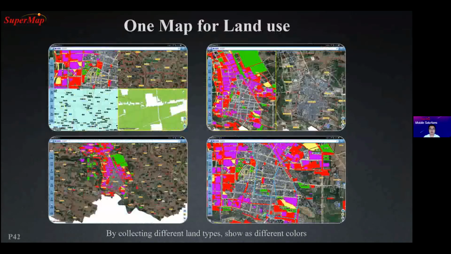And after we have the function to collect all the data, here in China, more and more projects use the tablet to collect the land use. You can see here we set different colors. That is because when we collect the data, we can also input the type of the different land use.